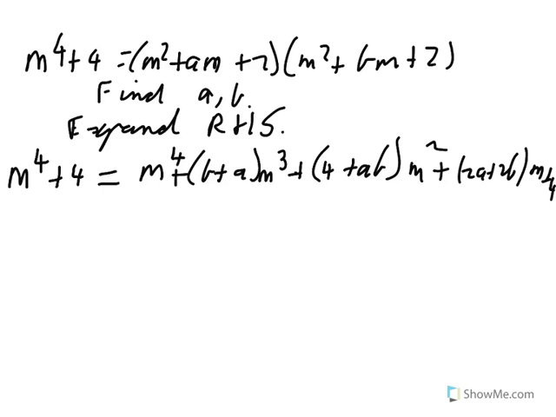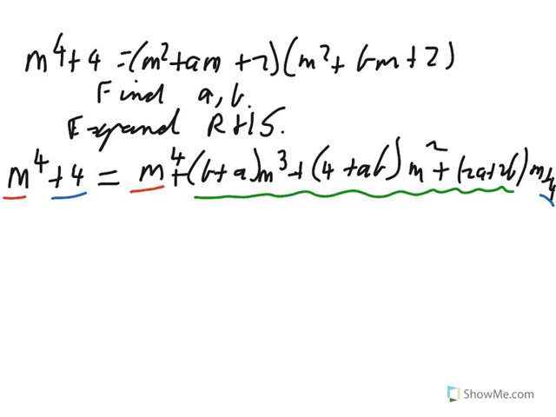Alright, so now we've got quite a few things. The m to the 4 we've got here and here, so that's the same. The 4 we've got there and there, so that's the same. The only bits that are not the same are these bits in the middle. The one on the right hand side doesn't have an m cubed term, an m squared term or an m term.